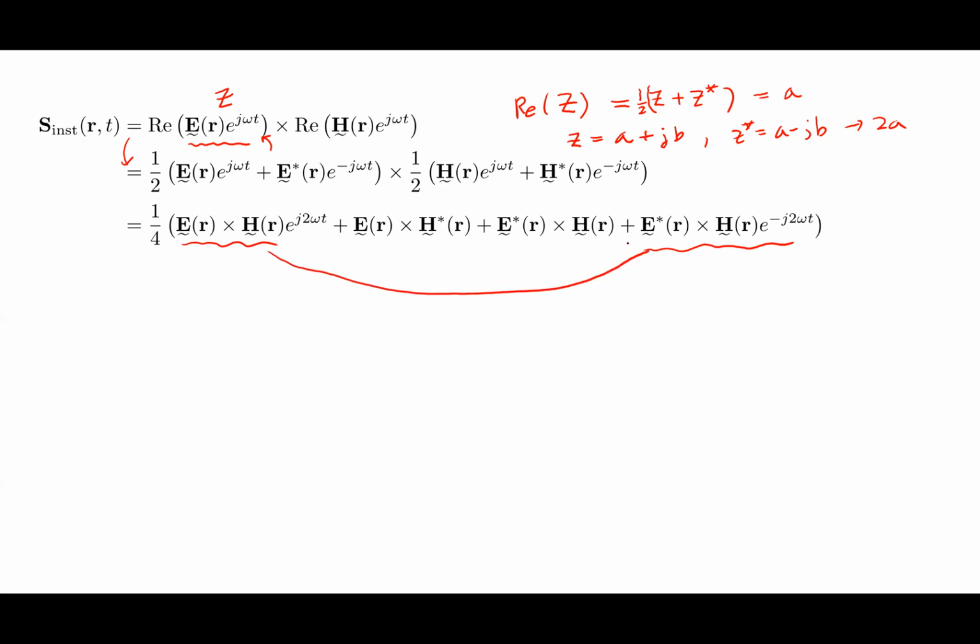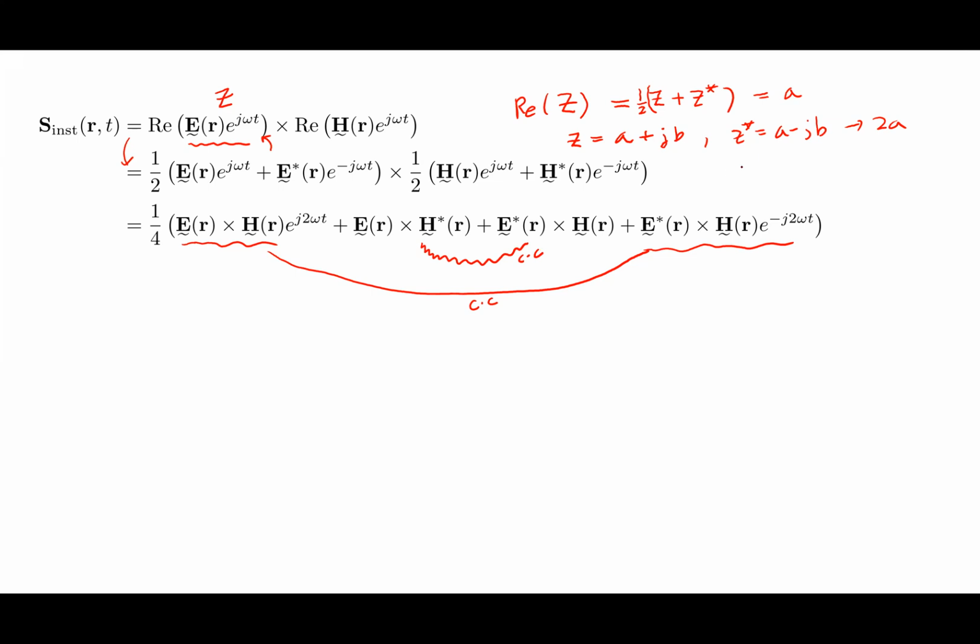If you closely look at these two terms, they're basically complex conjugates. And the second and third terms don't have the time dependence term. That's because this and this exponential j omega t can be canceled out, and also their complex conjugate as well.